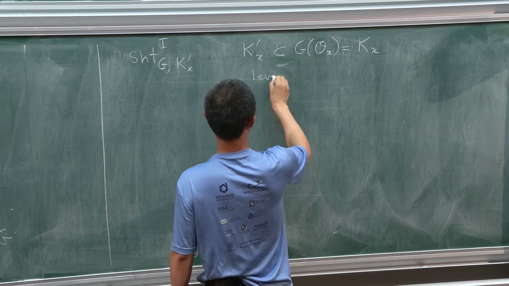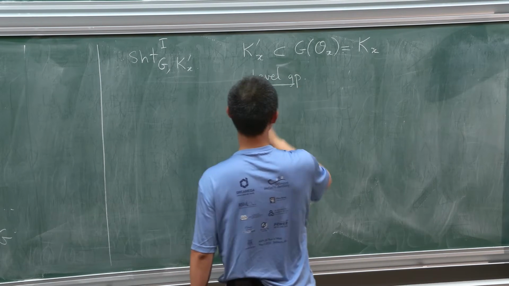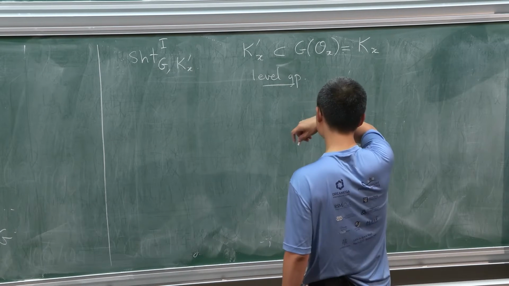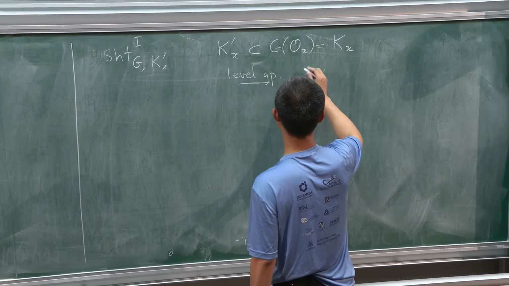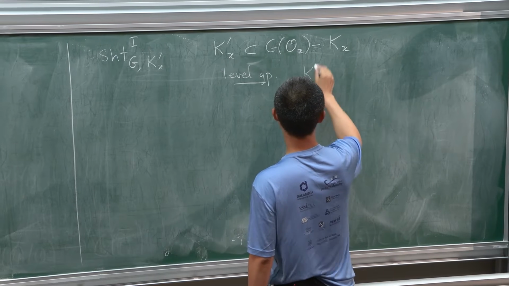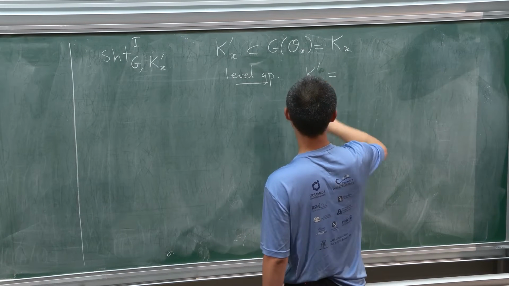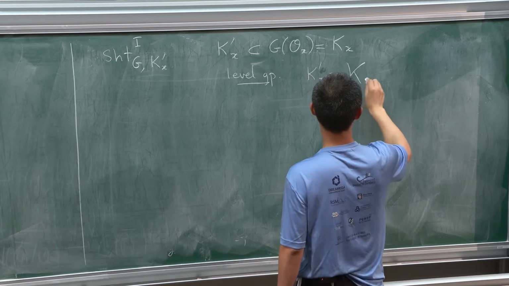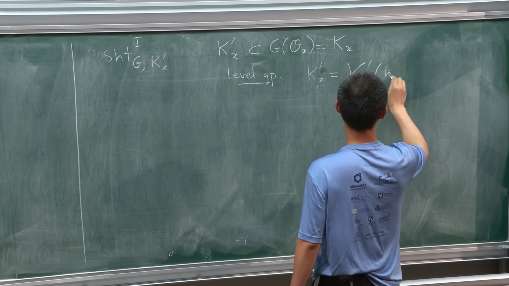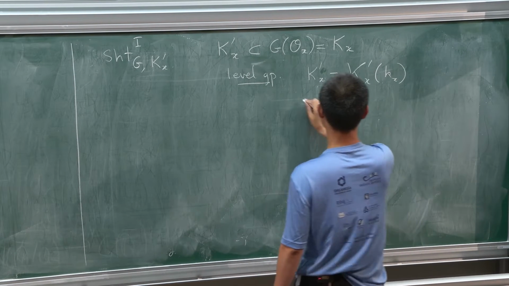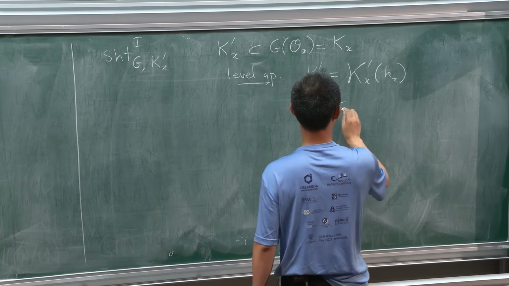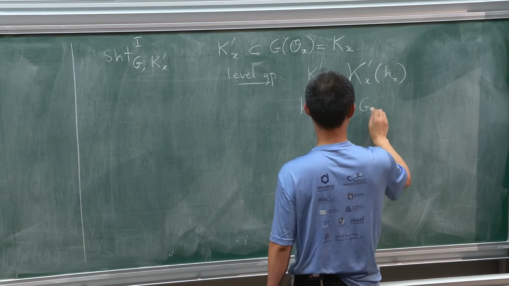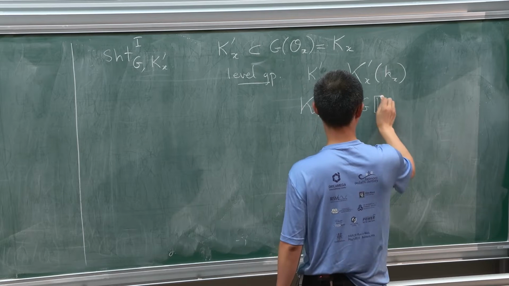Well, we can call it a level group. So a level group has to come from some algebraic subgroup, so it's maybe where this fancy K is a subgroup of G double bracket T.